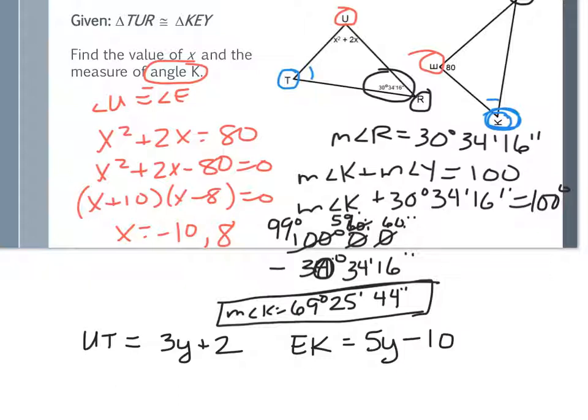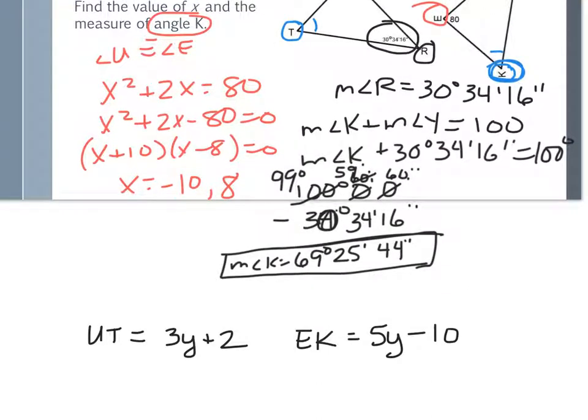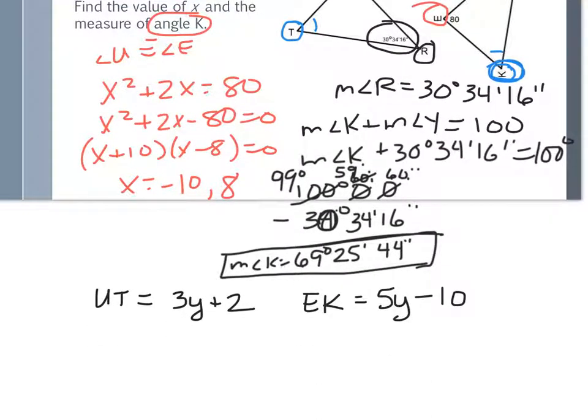Well, again, looking up here, UT and EK are corresponding sides. Because we know these triangles are congruent, UT and EK must be equal to each other. So we could set these two expressions equal to each other and solve. 12 is equal to 2y, so y is equal to 6.